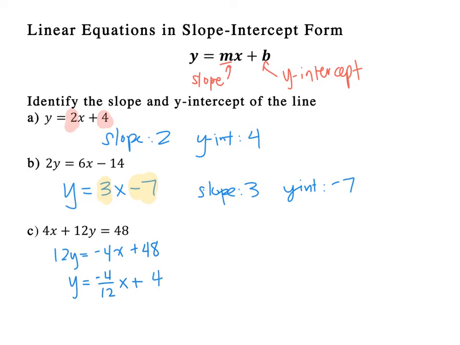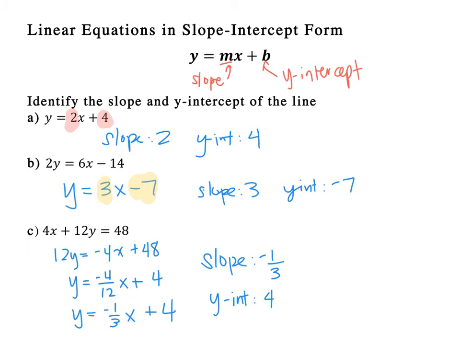I'll have to simplify this. Negative 4 over 12 is the same as negative 1/3. So my slope is negative 1 over 3, and my y-intercept is positive 4. As you can see, this is probably one of the easiest problems on your test.